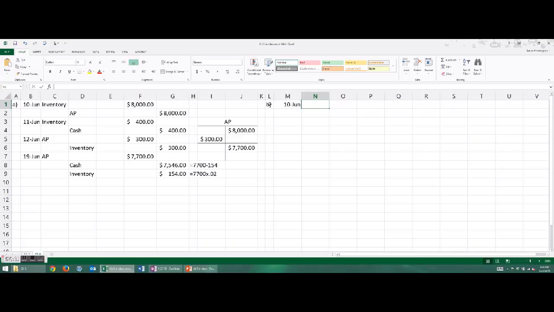This is a revenue transaction, not a cash transaction, so the debit goes to accounts receivable. Credit goes to sales revenue.